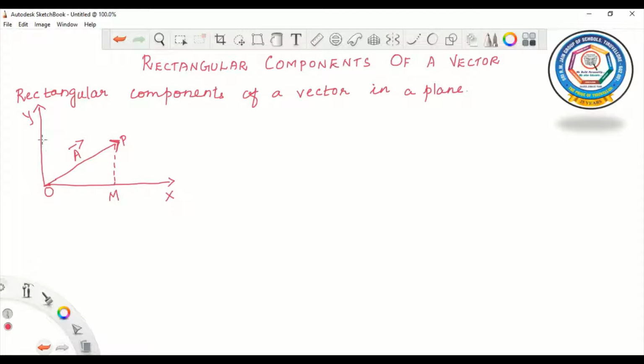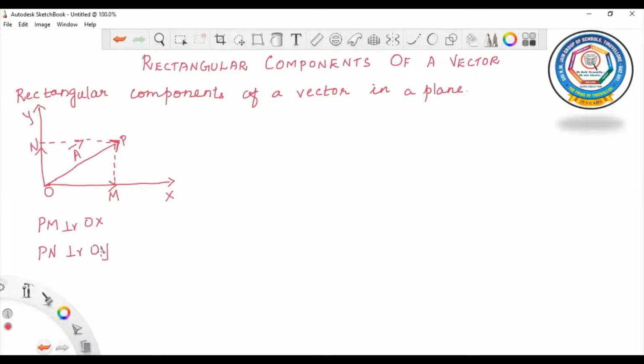And similarly, I am going to draw PN, which is perpendicular to this y-axis. So PM is perpendicular to x-axis, that is OX, and PN is perpendicular to y-axis, that is OY.